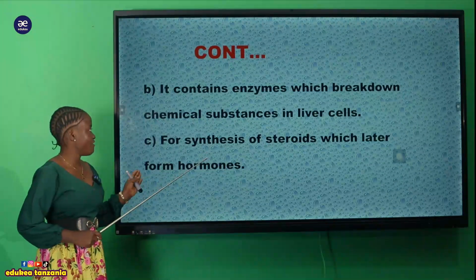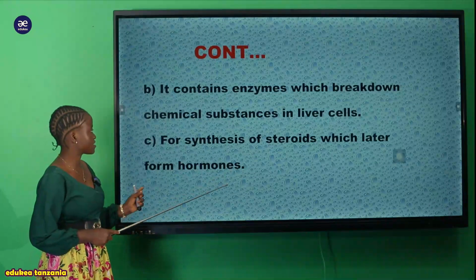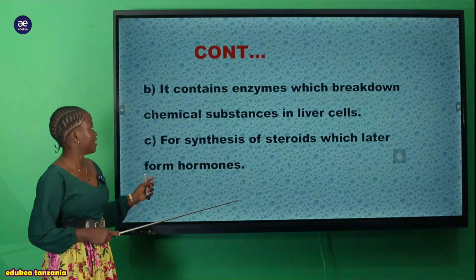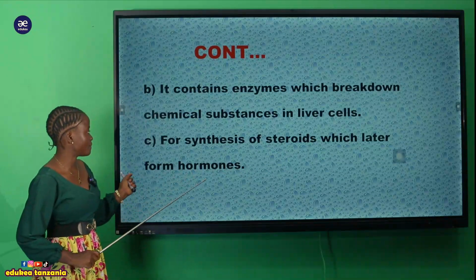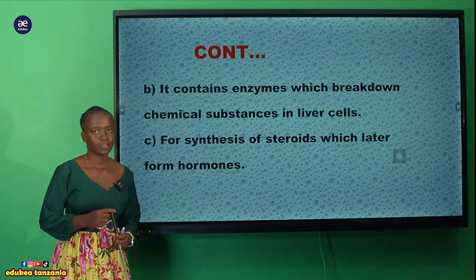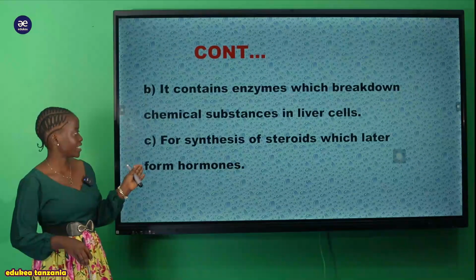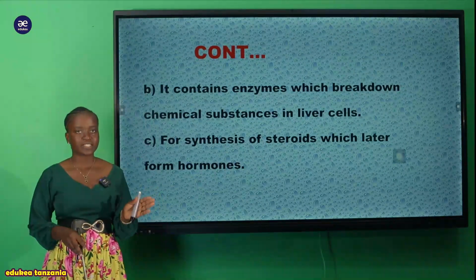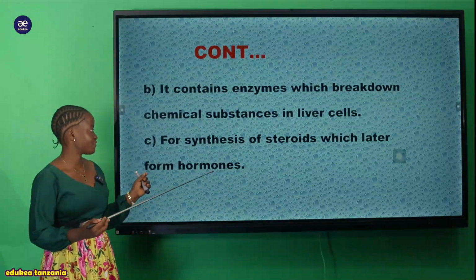But we also have another function of the smooth endoplasmic reticulum, that is synthesis of steroids which later form hormones. Kwa pia hii ambayo tunaita sasa endoplasmic reticulum inafanya kazi ya kutengeneza steroid which later forms hormones.